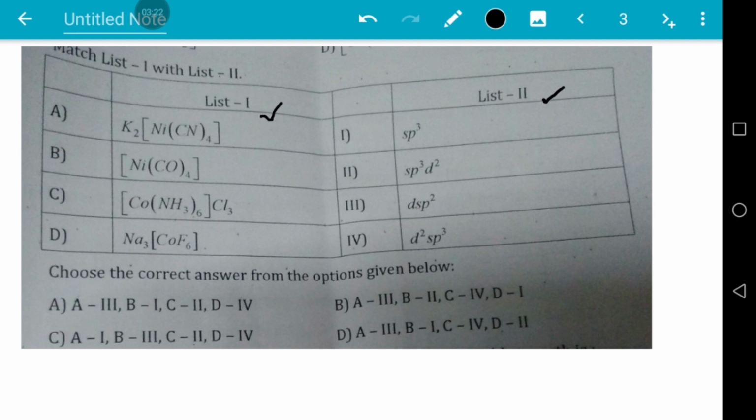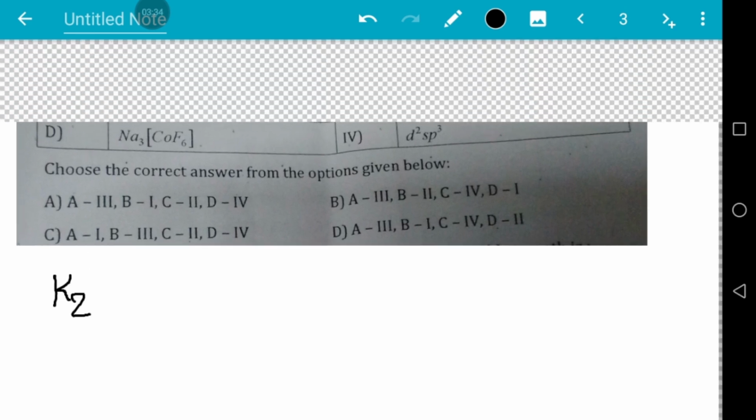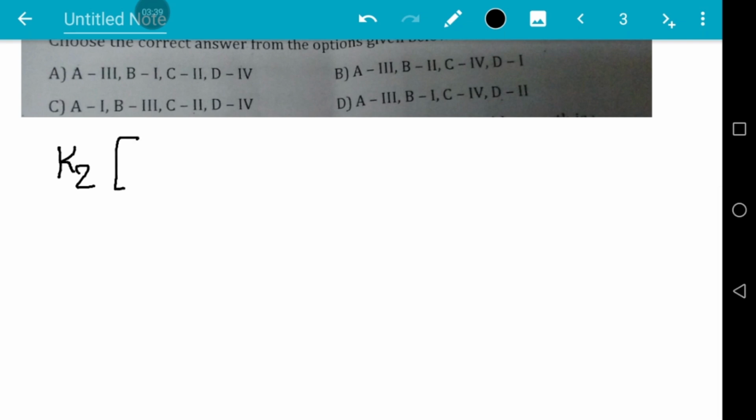So now coming to the first option, that is K2[Ni(CN)4]. So this is the compound. Now we have to calculate hybridization of the central metal atom. First of all, the central metal atom is nickel.